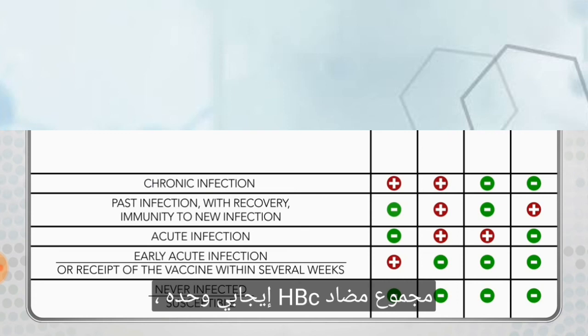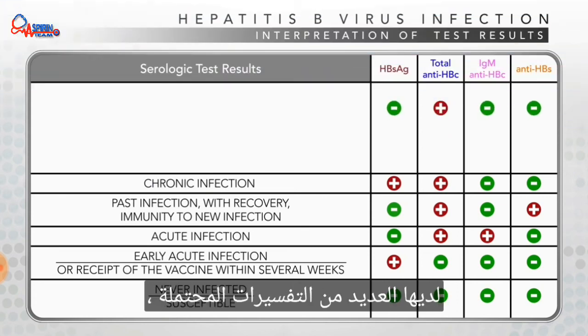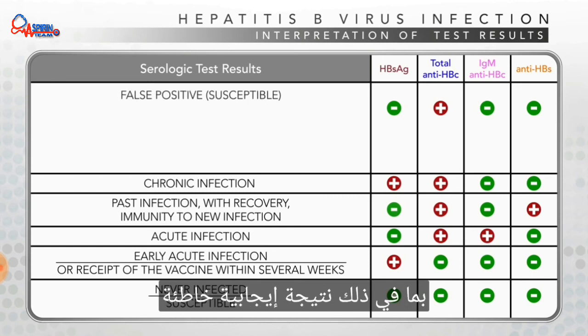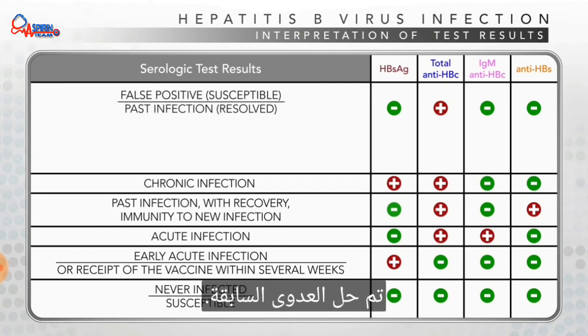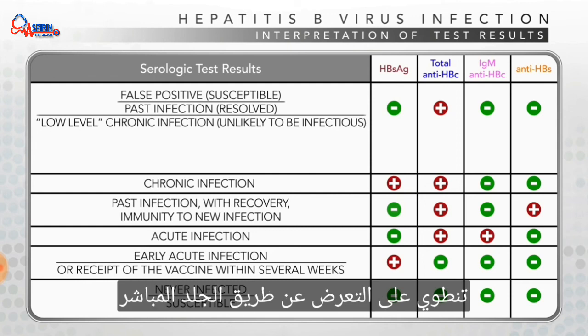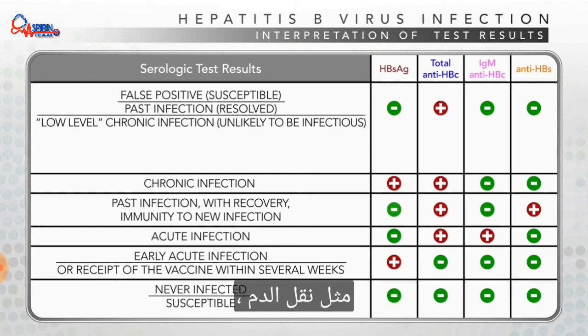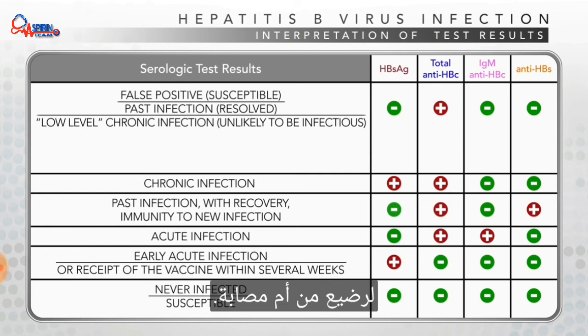Total anti-HBc positive alone, with the other 3 negative, has several possible interpretations, including a false positive result and therefore susceptible; past infection, resolved; low-level chronic infection, and unlikely to be infectious except under unusual circumstances involving direct percutaneous exposure to large quantities of blood, such as blood transfusion; or passive transfer of anti-HBc to an infant from an infected mother.